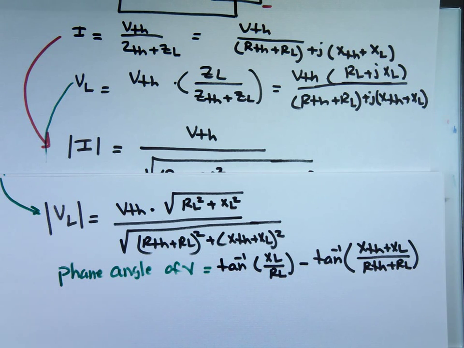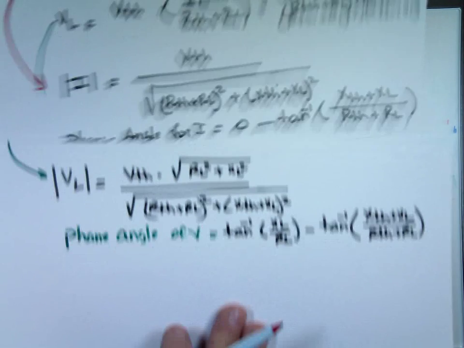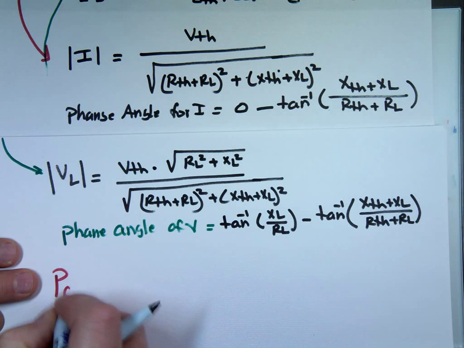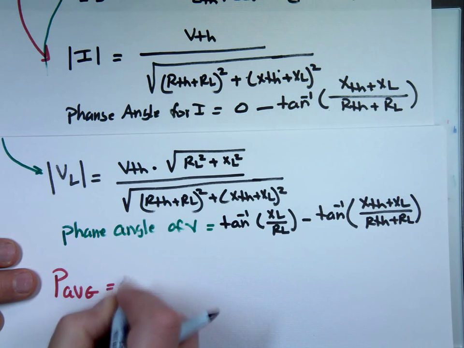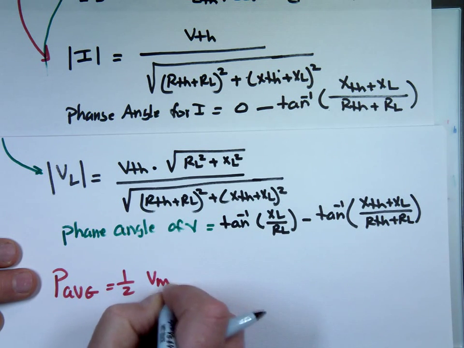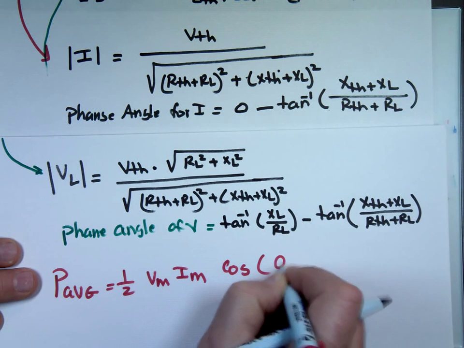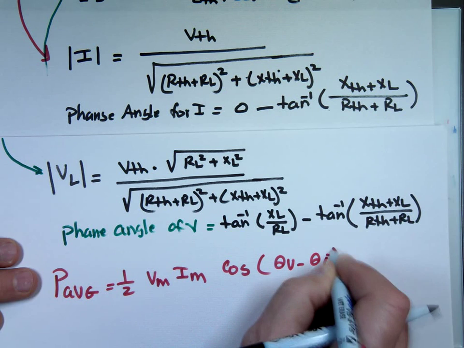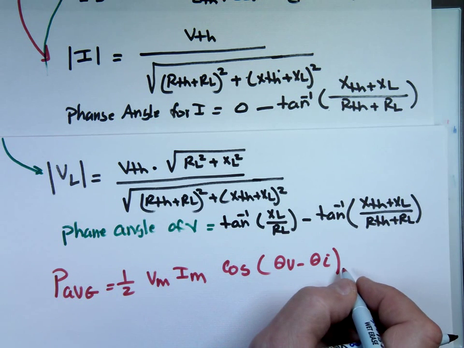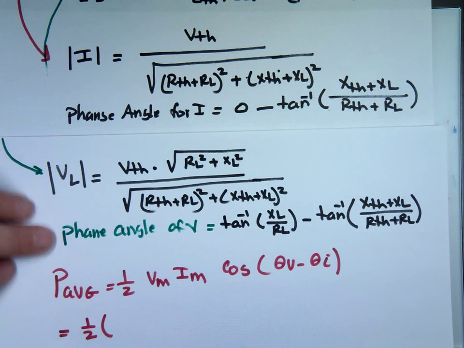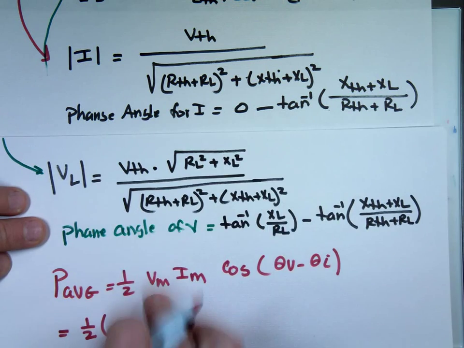And now, what was the average power? Let's see, what was the average power? P average, if you remember, is 1/2 V max, I sub max, cosine of theta V minus theta I. Plug them in. 1/2. What's the amplitude of the voltage? That's this number. That's what V max is, the amplitude.